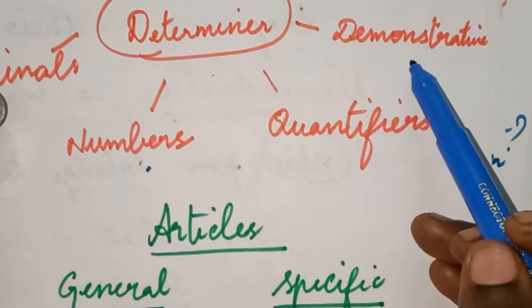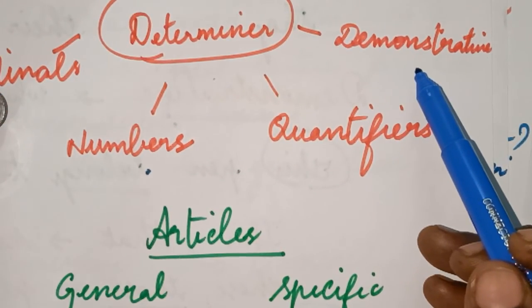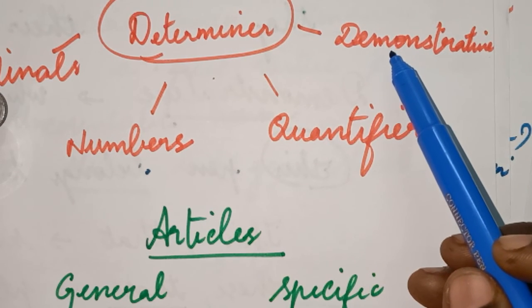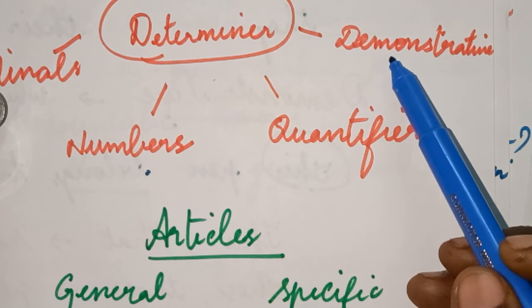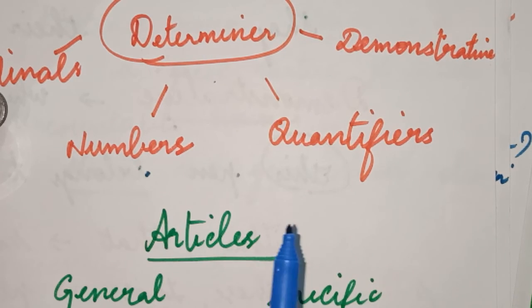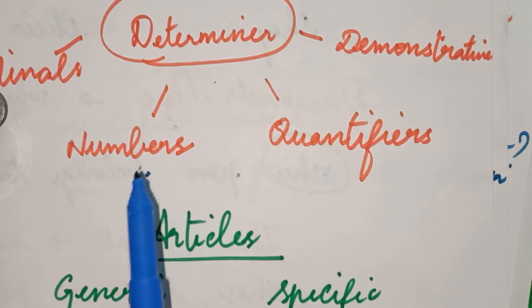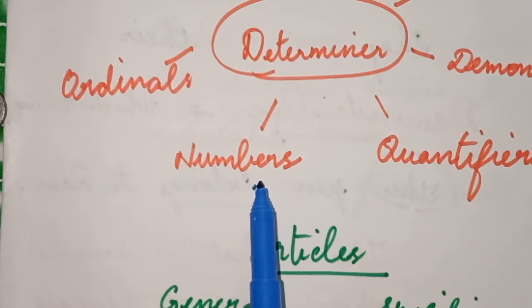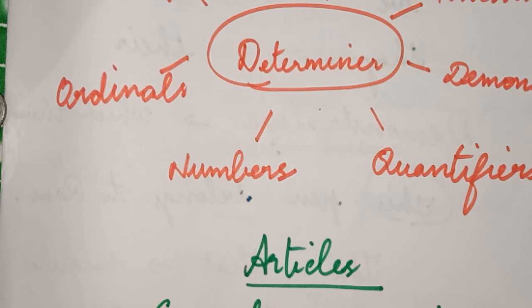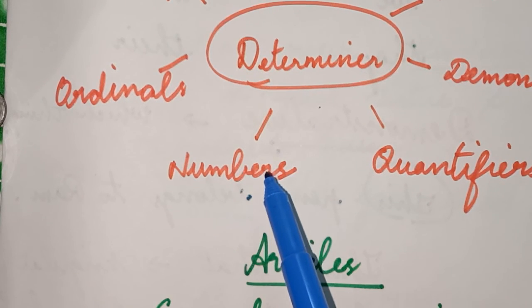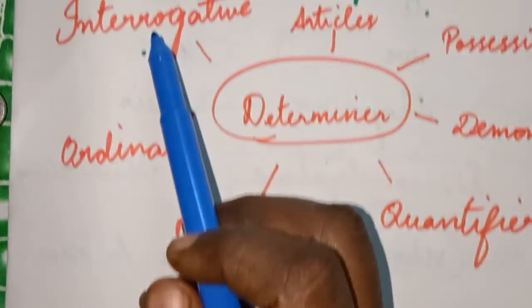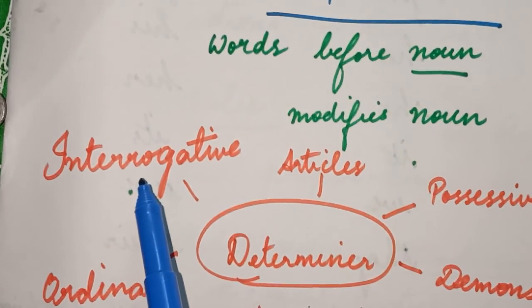Demonstratives tell which particular thing belongs to whom: this, that for singular and these, those for plurals. Quantifiers tell about the quantity of something, how much or how many. Numbers are divided into two: cardinal and ordinal. The cardinal number is the exact number and the ordinal number is the sequence of something. And then interrogatives, which are nothing but questions.